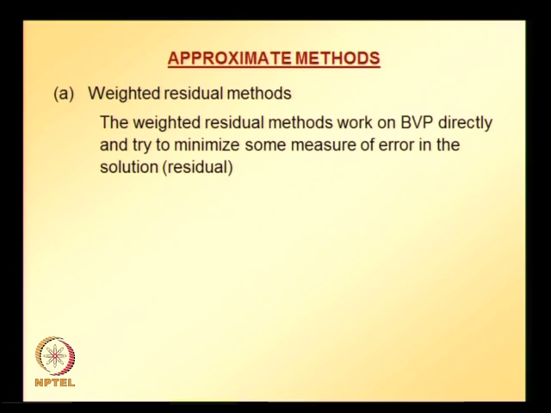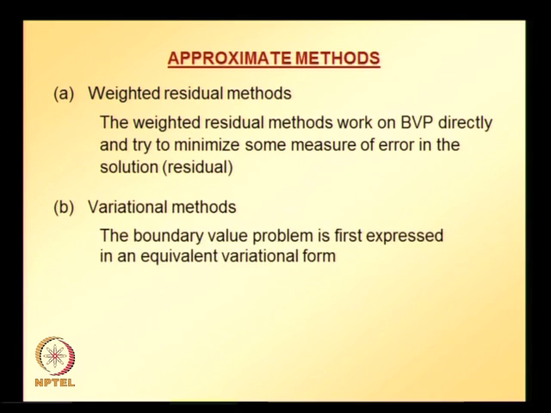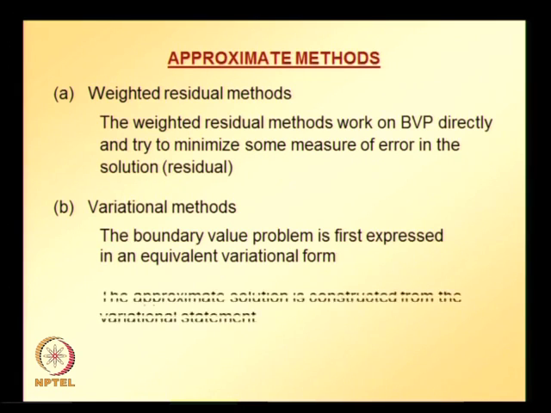And the other category is variational methods. In these methods the boundary value problem is first expressed in an equivalent variational form, or weak form, and the approximate solution is constructed from this variational statement or weak form.